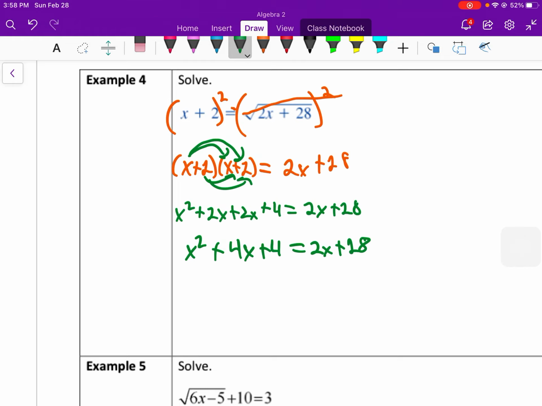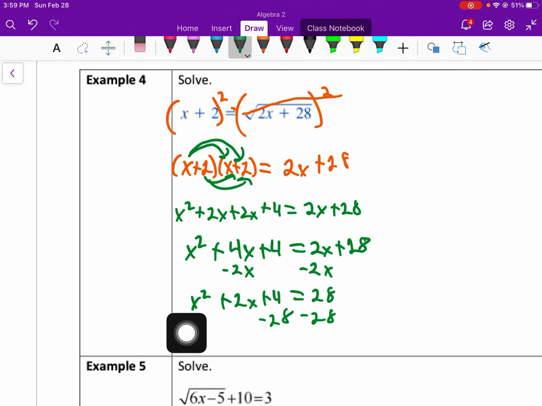Now that we have a trinomial here, it's a quadratic, so we want to bring everything to one side and set it equal to 0. Again, this is review back to unit 6. Plus 4 equals 28. Subtract 28. Also, I wanted to bring it to the left because we want my positive leading coefficient with my highest degree here positive. So I have x squared plus 2x minus 24.